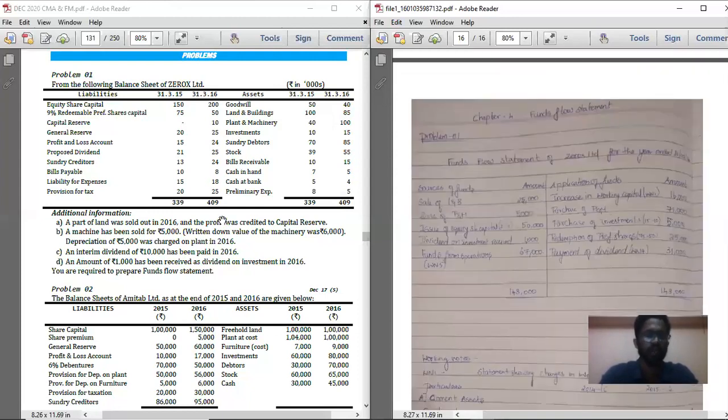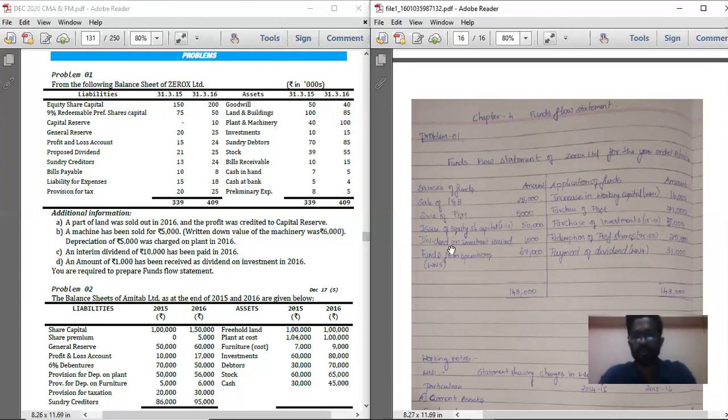So now we have done 3 adjustments. The last adjustment is that an amount of 1,000 rupees has been received as dividend on investment in 2016. When you are receiving dividend, what is happening? There is an incoming of funds, so it should be taken to the sources of funds.